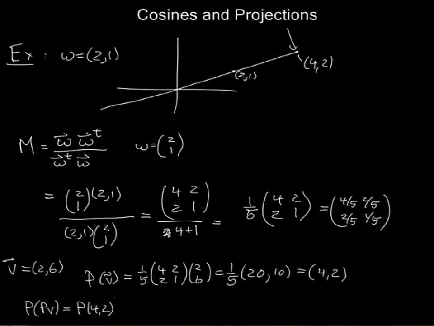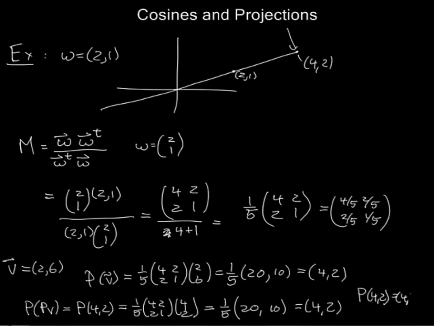So, let's compute the projection again. If you project the vector (4, 2), you get this matrix operation, which is to say 1/5, 16 plus 4 is 20, and 8 plus 2 is 10. You're getting (4, 2). Aha! When you project (4, 2), you get itself. Good. All right, that's a lot for today, and I'll call it quits.